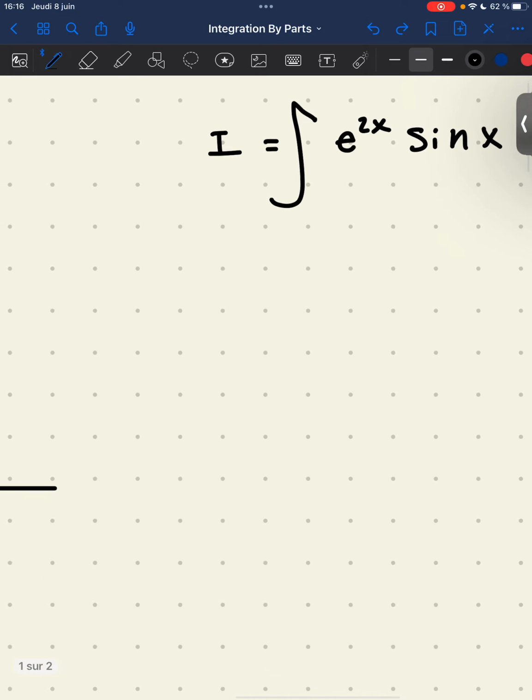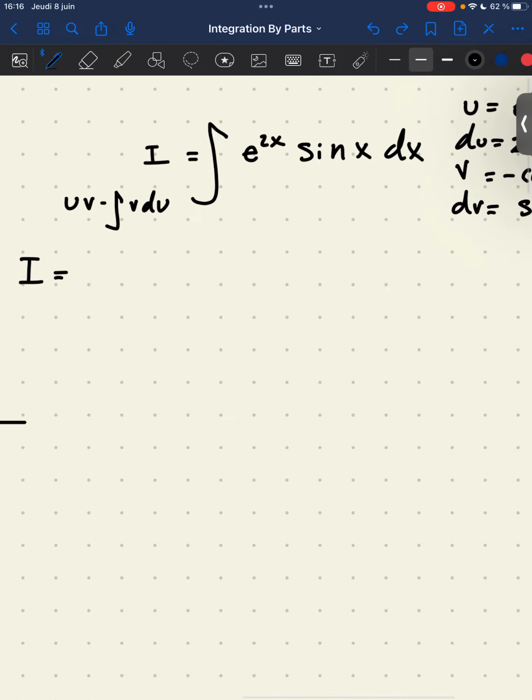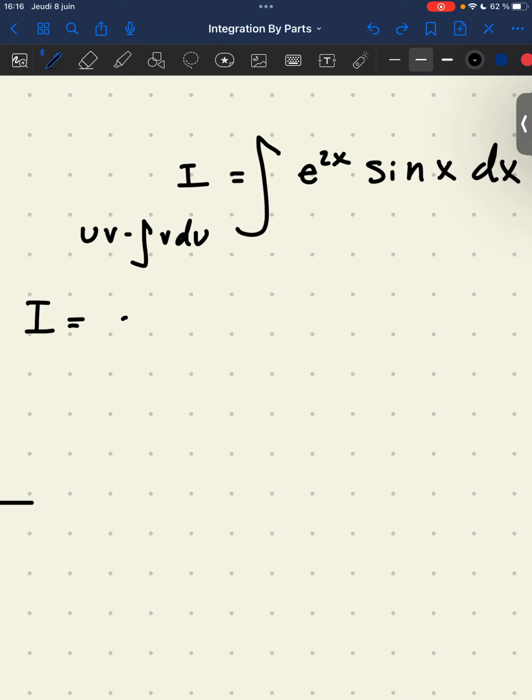Alright, now let's say I is equal to uv minus the integral of v du, because this is a general form of integration by parts. So we have our u, which is e to the 2x, multiplied by our v, which is negative cosine of x.